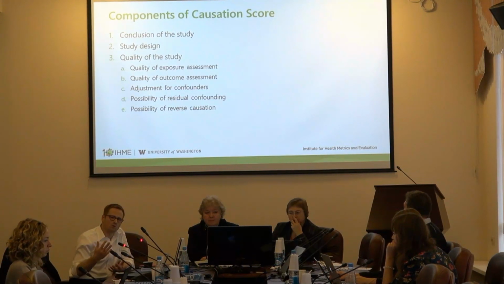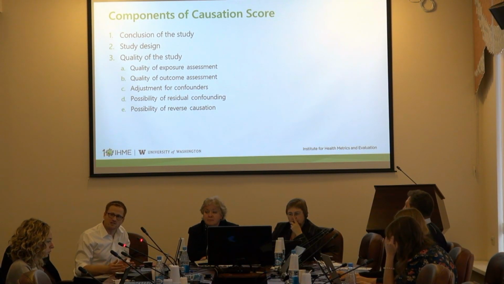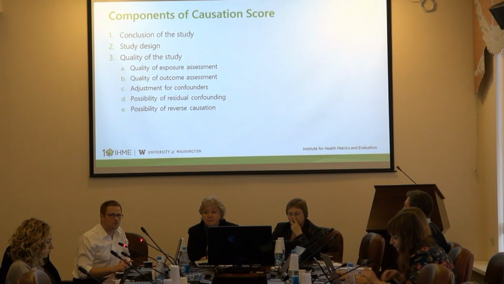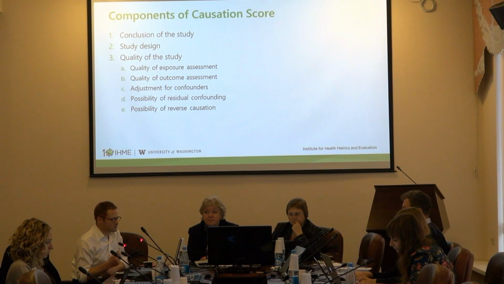And the way this will work is we've already begun to go back through every single study we use for relative risk estimation. We've gone through most of them at this point. And we're re-extracting data about the conclusion of the study, detailed information about study design, the nature of exposure assessment, the nature of outcome assessment, different factors related to the probability of residual confounding and reverse causation.